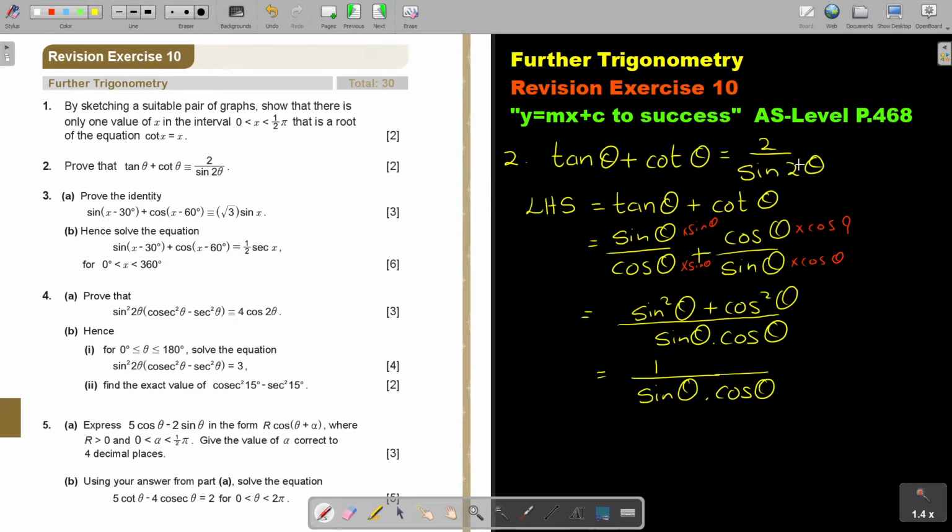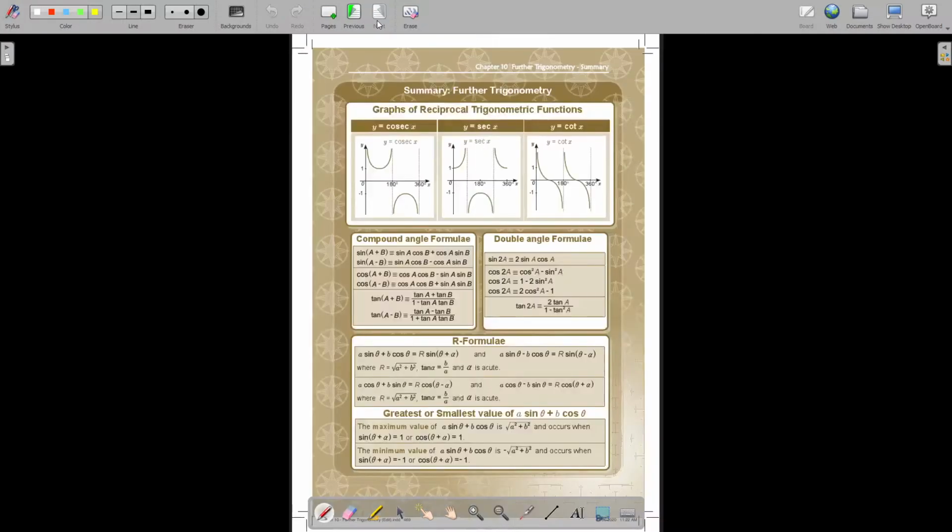Now be very careful. I'm going to multiply with a 2, and I'm going to write it in red. If I multiply with 2, I can do this, but don't think it's going to become first this 2 and then 2 sin theta cos theta. I'm going to take you to my summary. Let's go to the next page, or you can look on your formula sheet. I'm struggling a little bit to go to the next page every time.